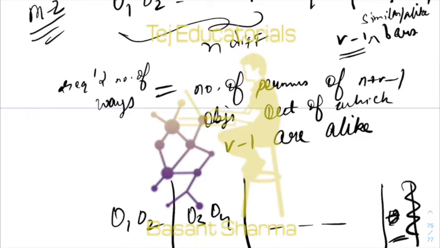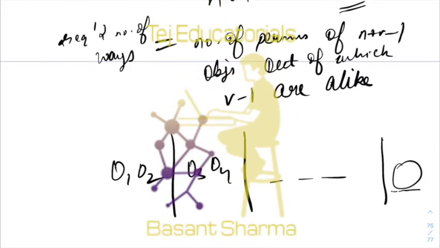This is the last gap, where some objects may or may not be there. So this is one permutation, one arrangement of n different objects and r minus 1 bars.